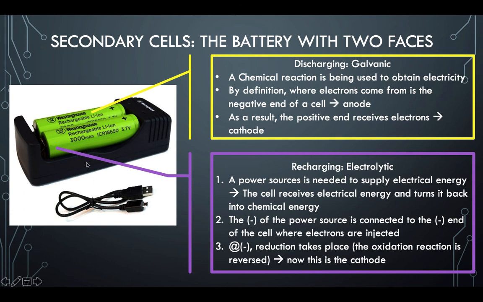So a power source is needed to supply electrical energy, and we are shoving the electrons back into the negative end of the battery. Okay, so because electrons are supplied to this end, this is where the cathode is, and this is where a reduction reaction takes place. And on the other hand, the positive end of the battery is where oxidation happens, and therefore that becomes the anode.